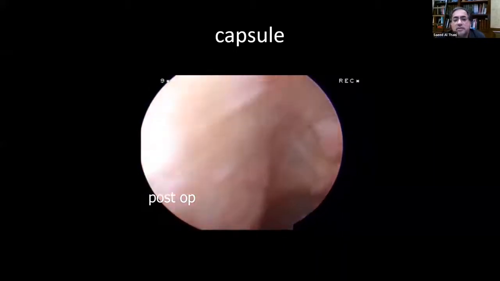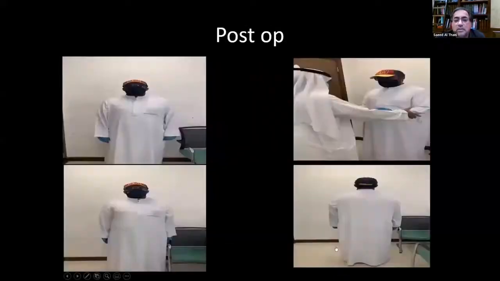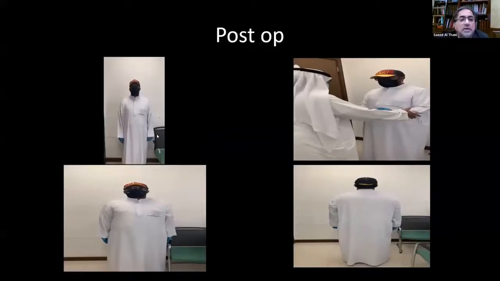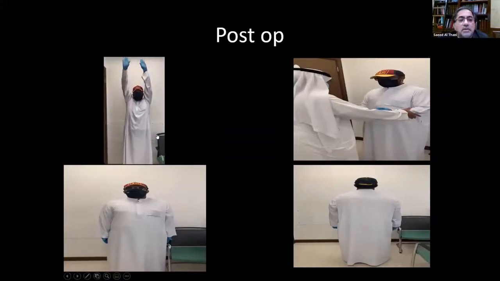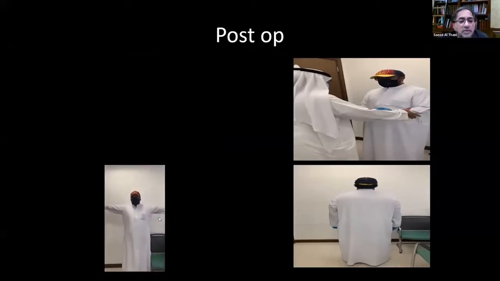We were trying to find a space to see properly. It was difficult, not like at the start. And this is the gentleman at 4 months following his repair. He still has a little bit of limitation at the terminal end, and this is his abduction.